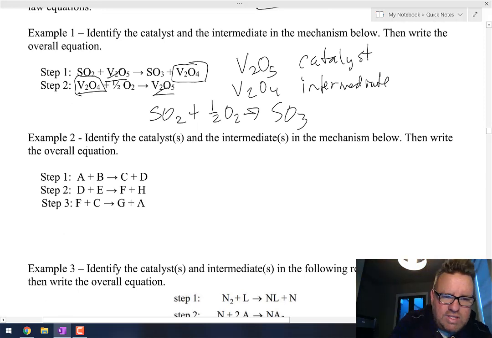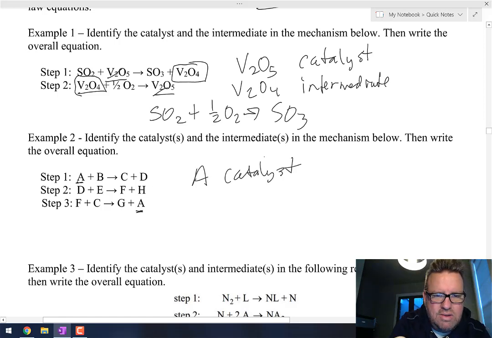So let's see, we started with some A and we ended with some A. So A is the catalyst, and those are going to cancel out. We produced some C, and then in step 3, we used it again. I'm going to leave some space because there might be more intermediates.